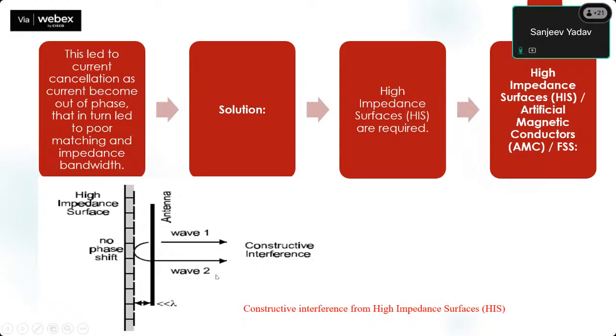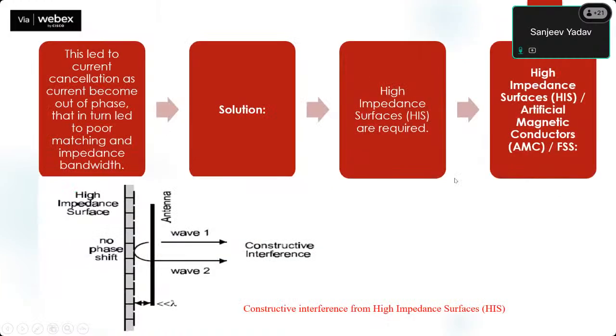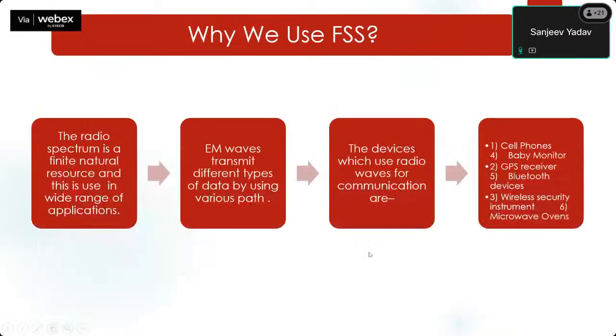Wave 1, wave 2. Initially it was showing destructive interference, so the errors are there. Now it is showing constructive interference, and the distance between them is very, very small compared to lambda. So this is the solution for the previous problem. High impedance surfaces are required. These are high impedance surfaces, and high impedance surface artificial magnetic conductors of frequency selective surface are there, so no phase shift is there, so the constructive interference is there.